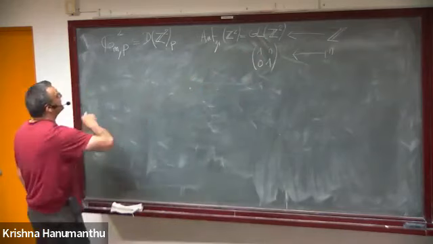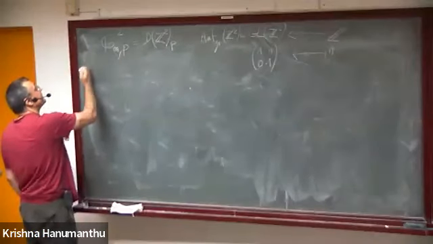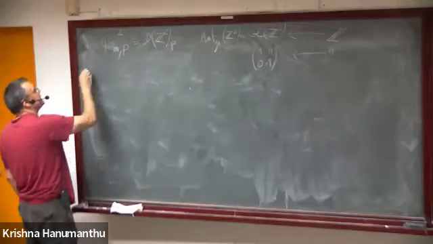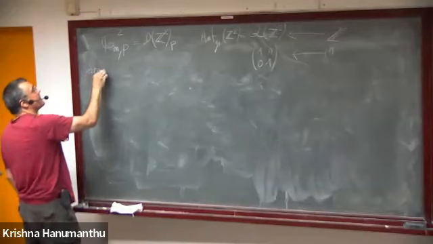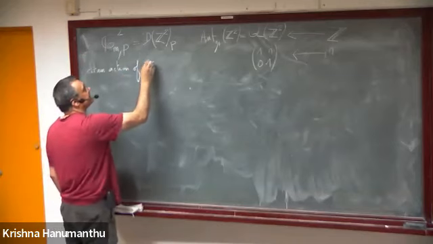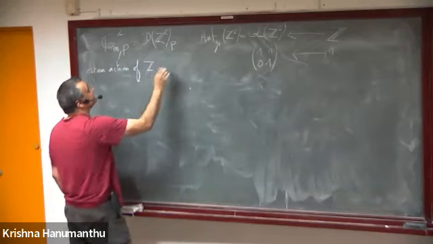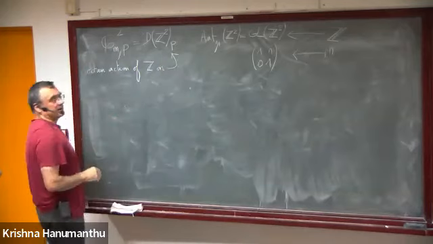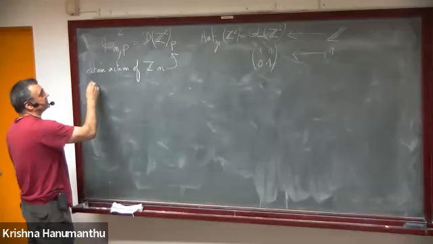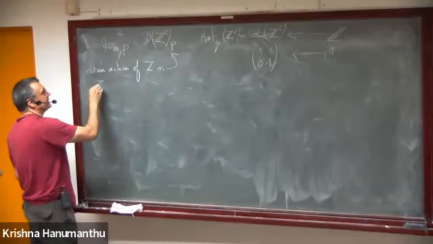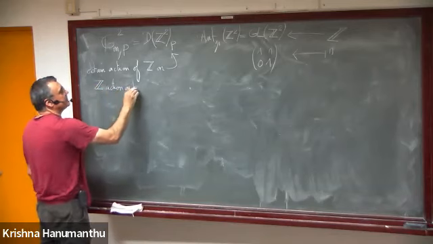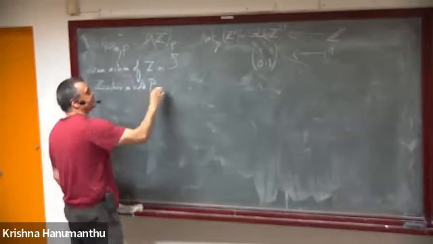And so using this, we can construct, we obtain an action of Z on this group, with Z acting on both E and P.